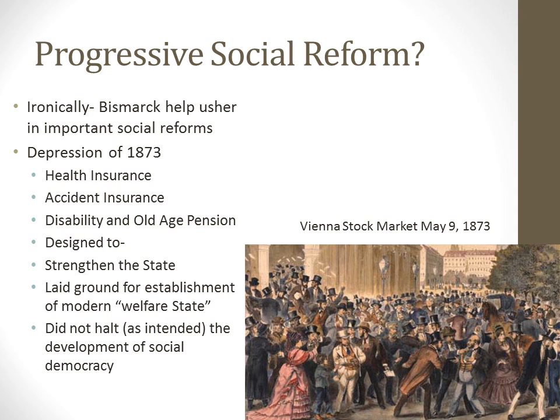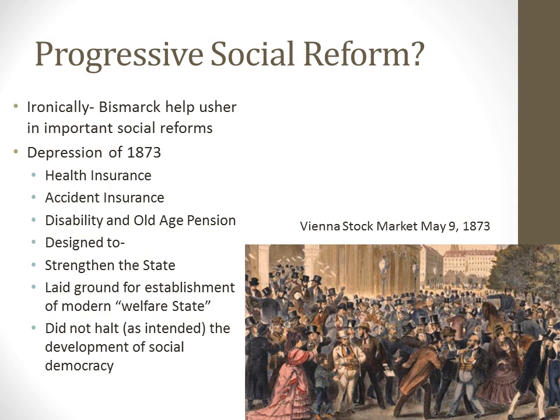But Bismarck felt that you had to be a federal state, a unified nation, to become a strong power. And so Bismarck helped to usher in things like health insurance, in which if an individual was sick for 3 days, they could go and see a doctor. Accident insurance, a very meager but nonetheless present disability and old age pension. In the area of health insurance, Germany really led the way.